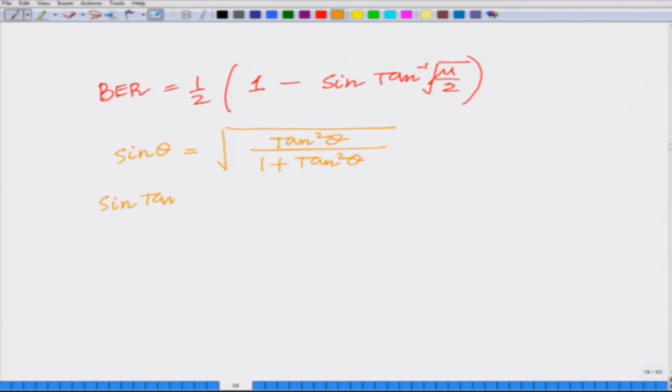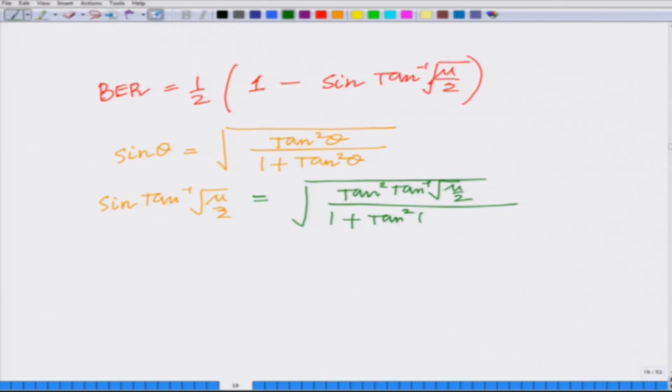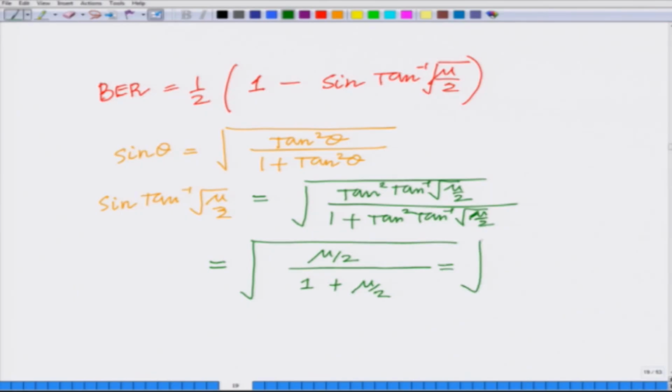Therefore, sine of tan inverse square root of mu by 2 is equal to square root of tan square of tan inverse square root of mu by 2 divided by 1 plus tan square of tan inverse square root of mu by 2, which is equal to square root of mu by 2 divided by 1 plus mu by 2, which is nothing but square root of mu divided by 2 plus mu.